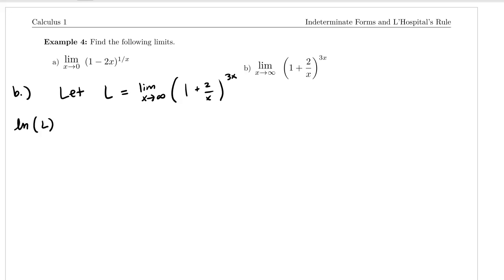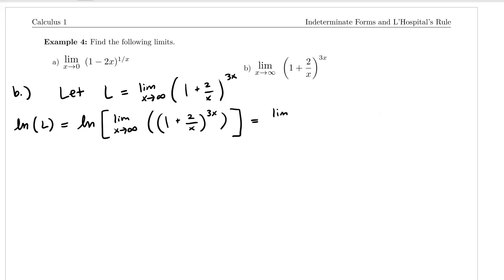So I have the natural log of capital L is equal to the natural log of the limit as x approaches infinity of 1 plus 2 over x raised to the 3x power. And I know that I can swap the limit and the natural log from the theorem that we referenced earlier.